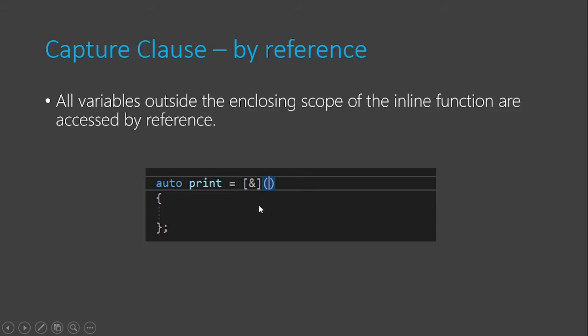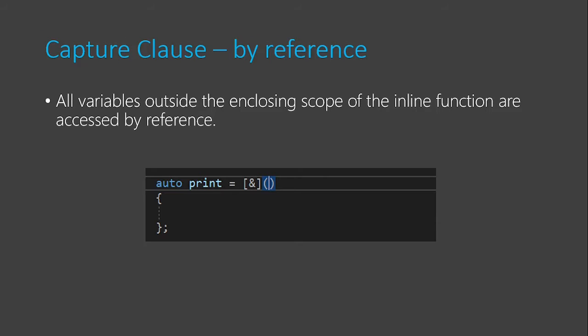So what that means is that you are going to access all other variables outside the scope of this particular Lambda expression by reference. In other words, the values which are placed in those variables outside will not have to be copied into the Lambda expression. However, you may just be able to access them by reference.